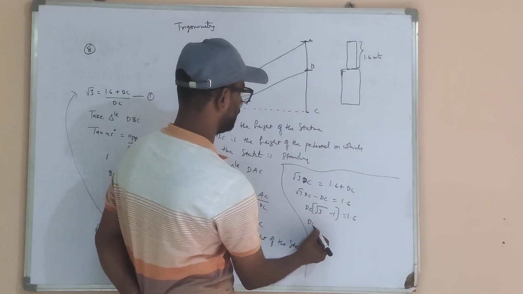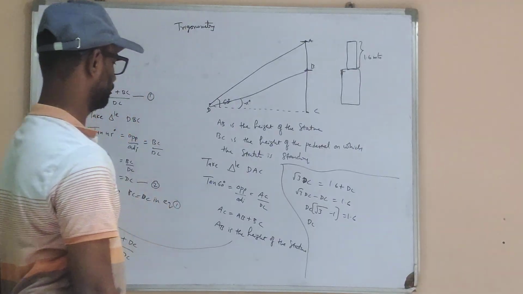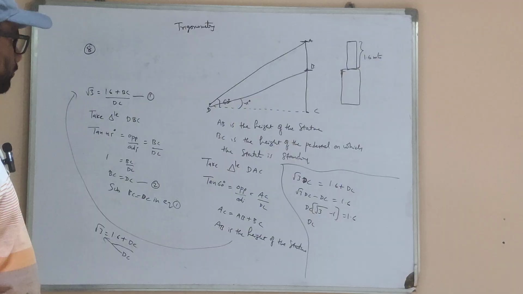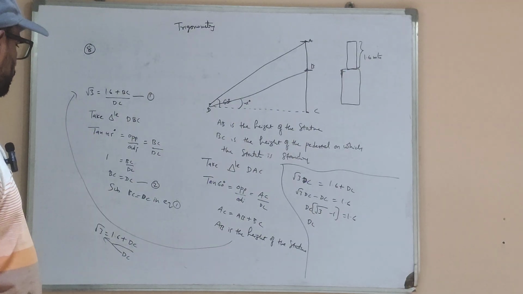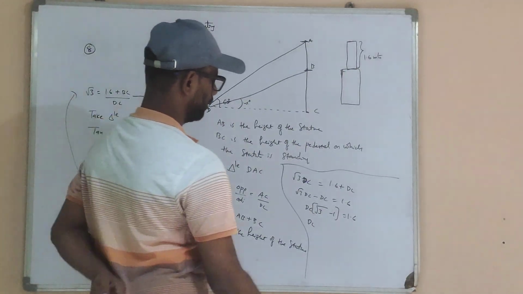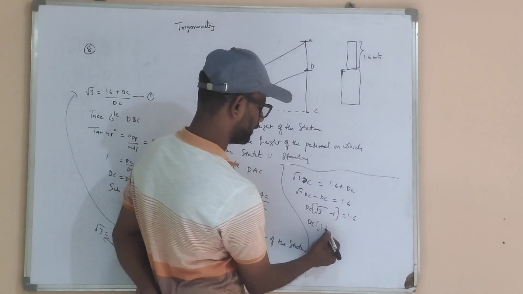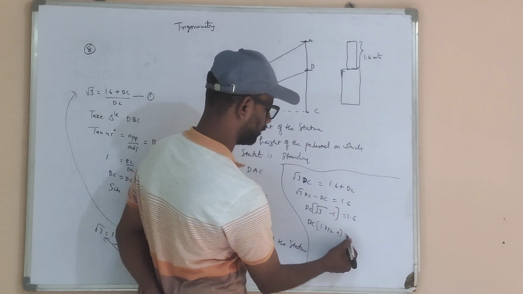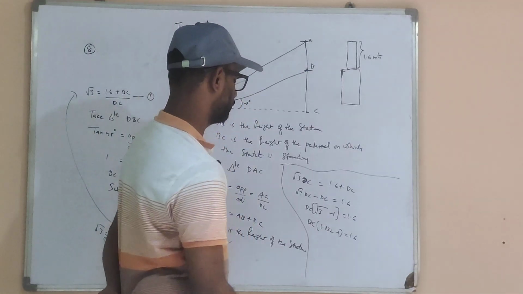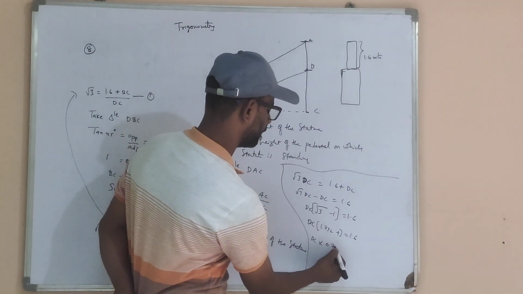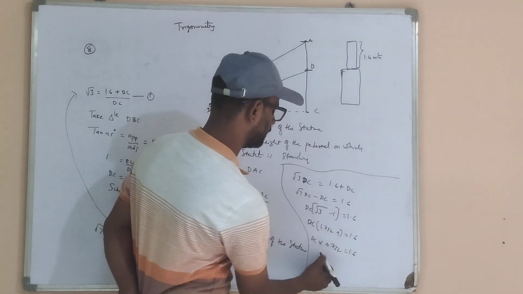So DC into root 3 means 1.732 minus 1 is equal to 1.6. So we get DC into 0.732 is equal to 1.6.